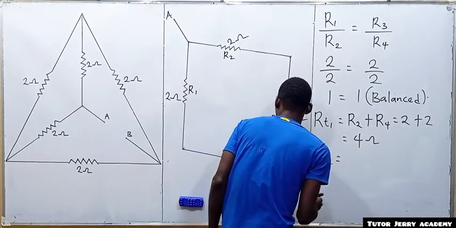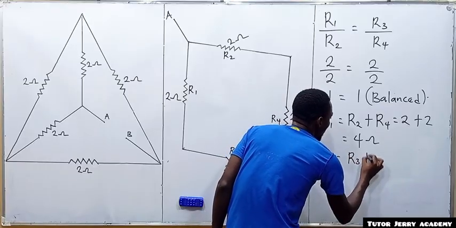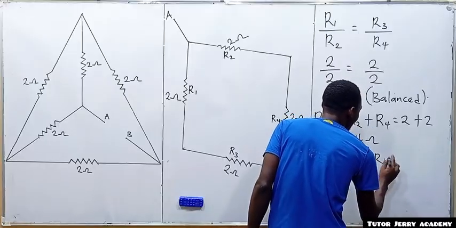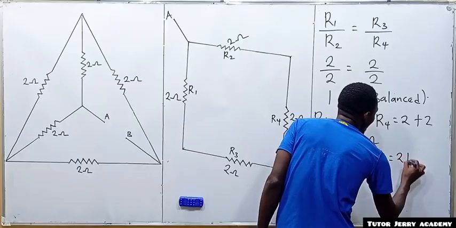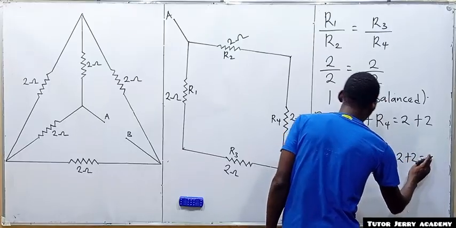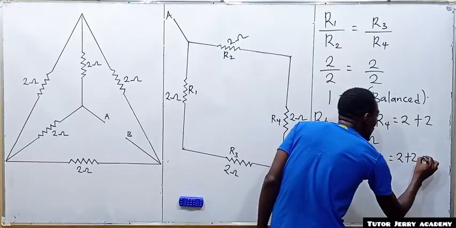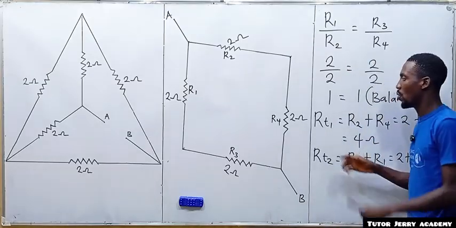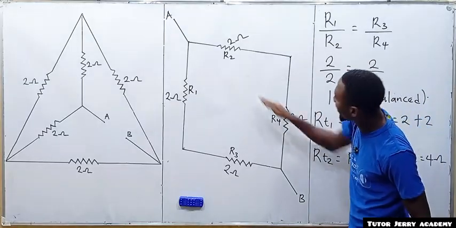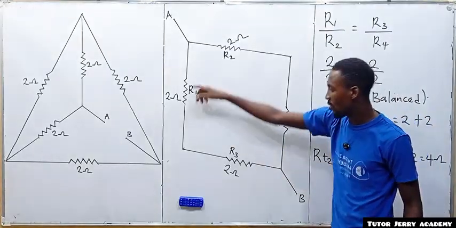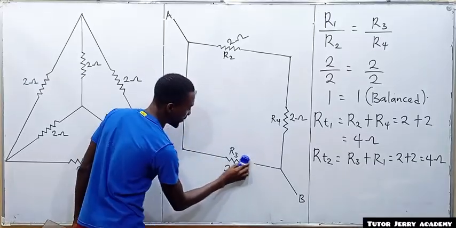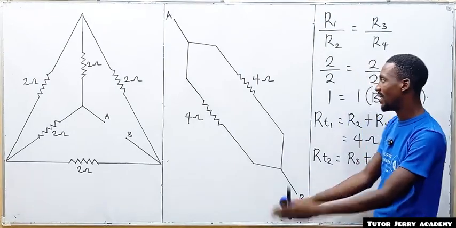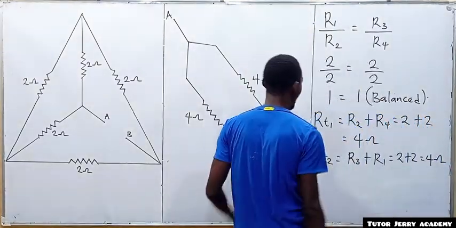RT2 will be equal to R3 plus R1, which is 2 plus 2, which is also 4 ohms. Alright, 4 ohms. So now we can clean this and connect them directly. Alright, you can see our diagram and we have connected them directly. So we now have 4 ohms and 4 ohms.